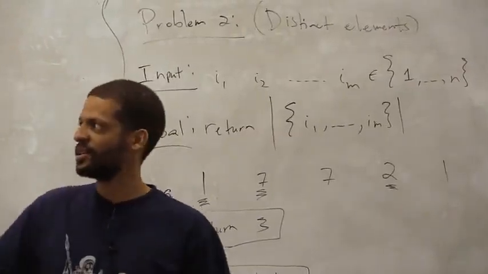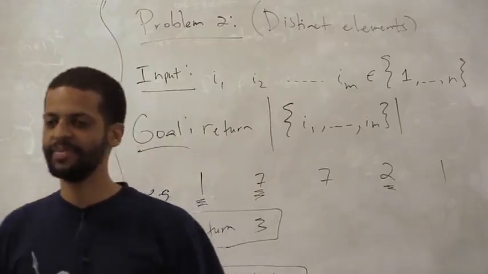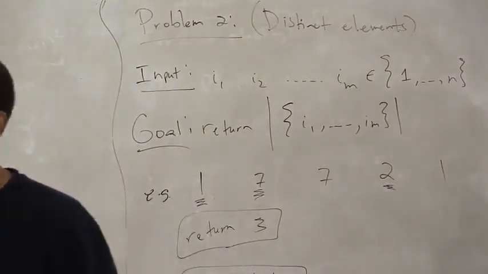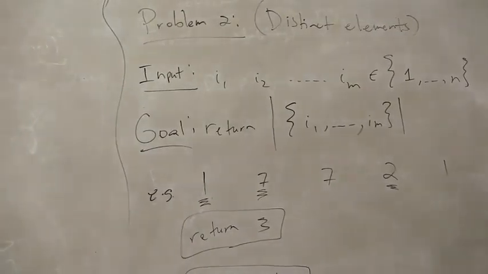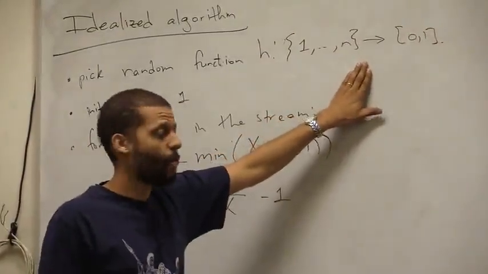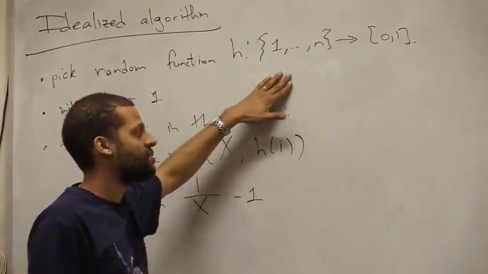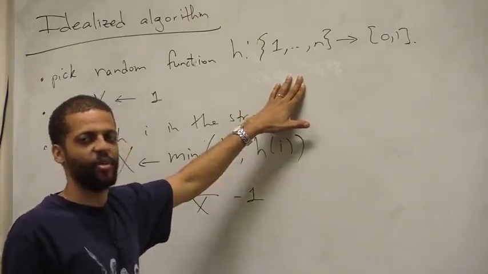Because I'm imagining here that there's an actual function h that I'm using throughout the algorithm. So the h of 1 I see in the past had better be the same as the h of 1 I see later. So I need to actually remember h. Naively to remember h, well, there's h of 1, h of 2, h of 3, all the way up to h of n. There are n numbers there.